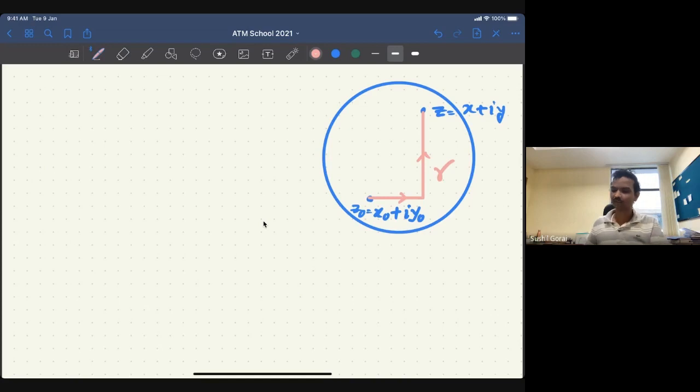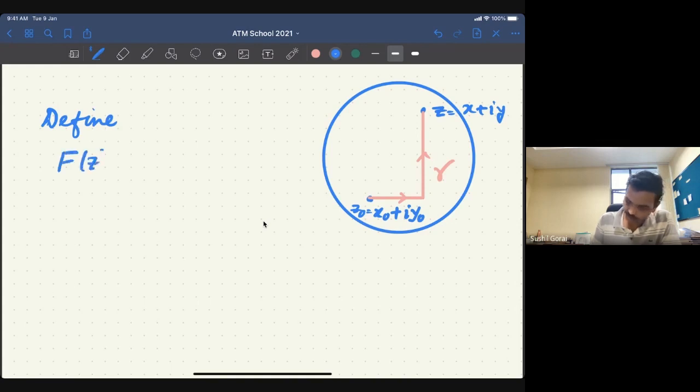So you take gamma and try to define the primitive as we did last time. Define F(z) to be the integration over gamma of f(w) dw, where z is the endpoint.